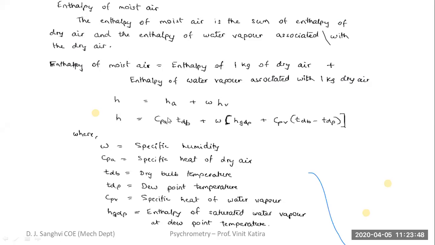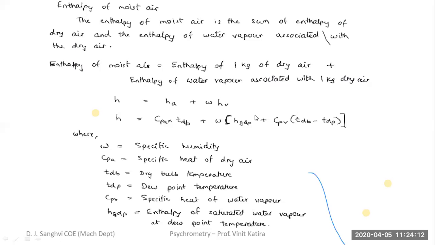CPA is the specific heat of dry air, which is taken around 1.2, and TDB is dry bulb temperature, plus omega. Omega that we know is your specific humidity or humidity ratio. Then you have HGDP. Okay, it is the enthalpy of saturated vapor at dew point temperature.